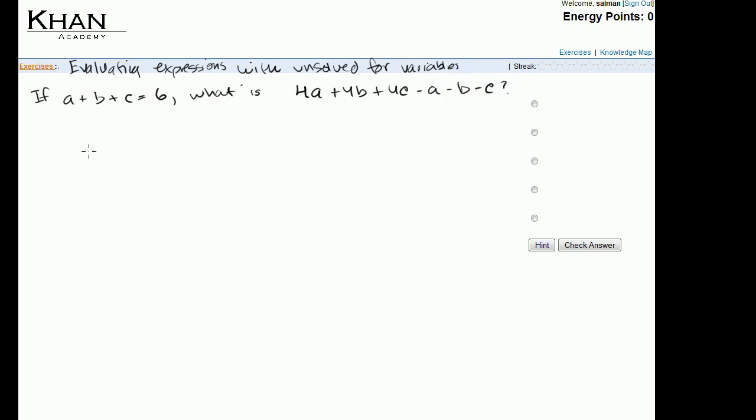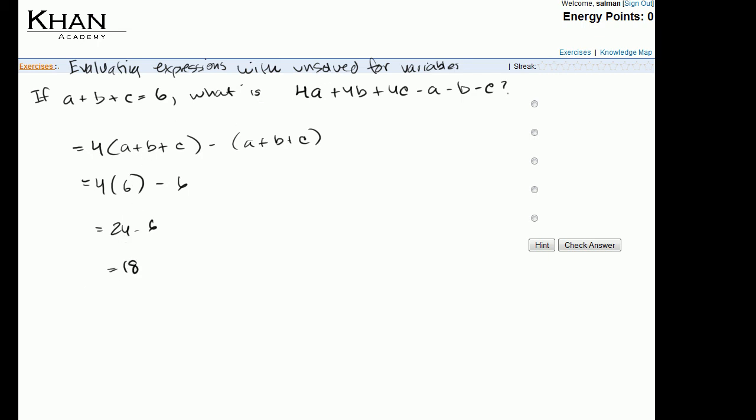And once again, first hint, this is equal to 4 times (a plus b plus c) minus (a plus b plus c), which is equal to 4 times 6 minus 6, is equal to 24 minus 6, which is equal to 18. That's one way we could have explained it.